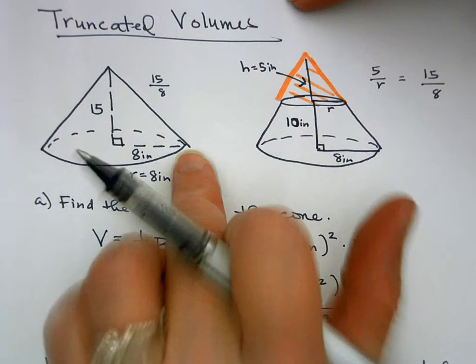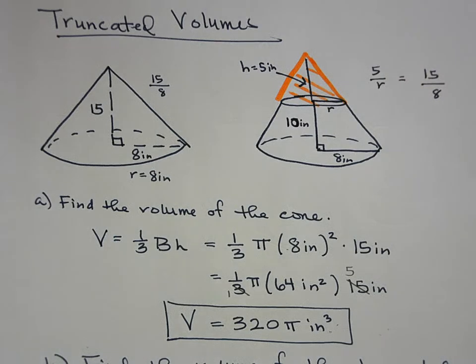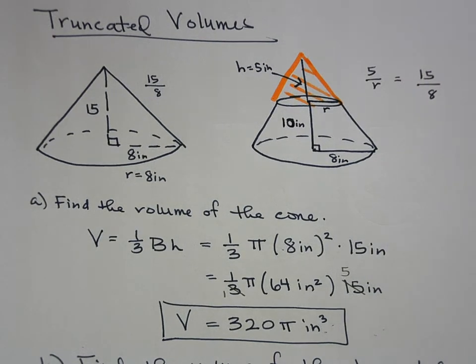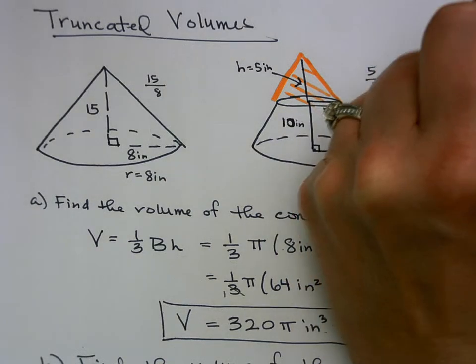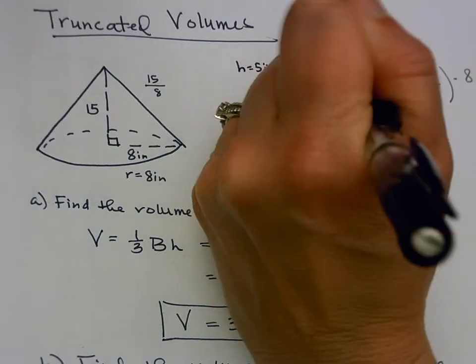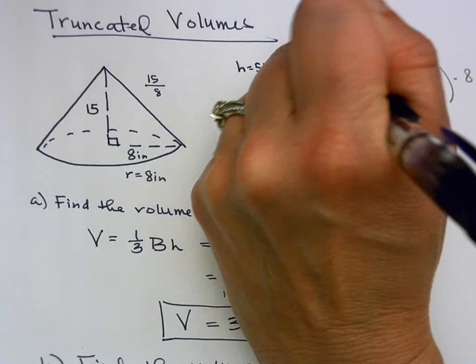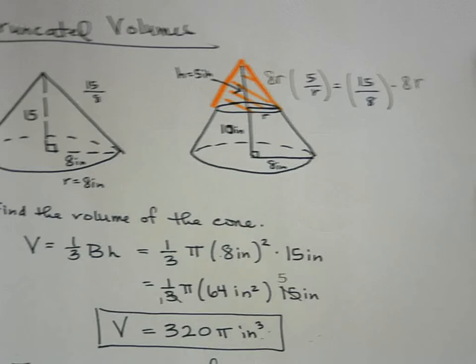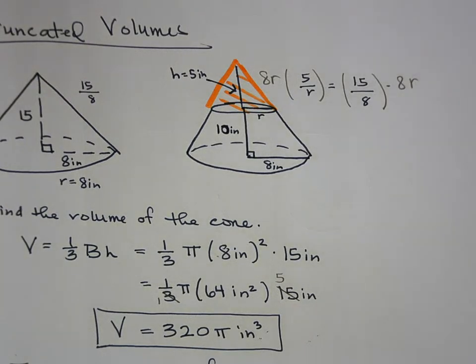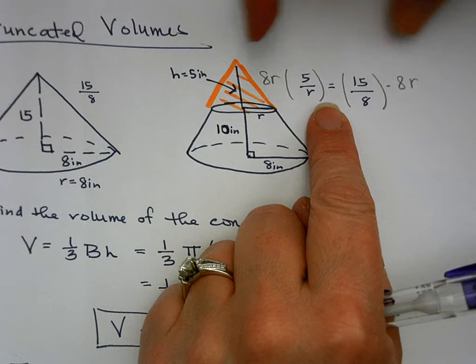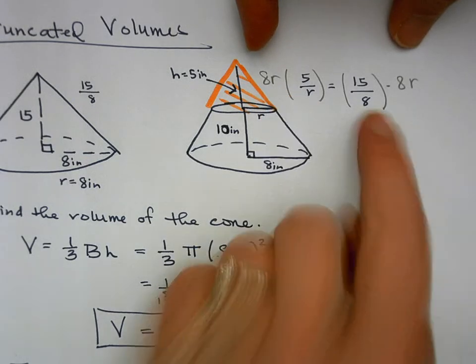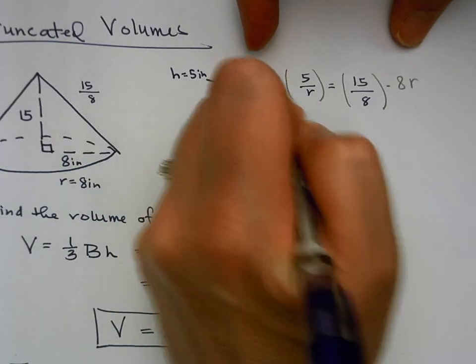And then I just need to solve. So my denominators are 8 and R. So I'm going to multiply both sides by 8 times R. Right? So some of you called that cross multiplying, but we don't want to do like a little trick thing. We're just basically multiplying to clear my denominators. So my common denominator is 8 and R, so I multiply both sides by my denominators 8 and R. So over here the R's cancel. 8 times 5 is 40.